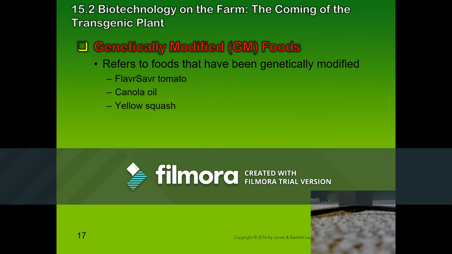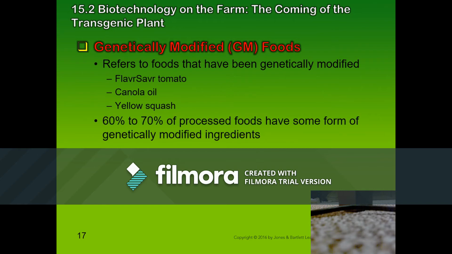These are all things that have been made GMO. 60 to 70% of processed foods have some sort of genetically modified ingredient. A lot of times that is a genetically modified wheat, so that it has a much longer shelf life.